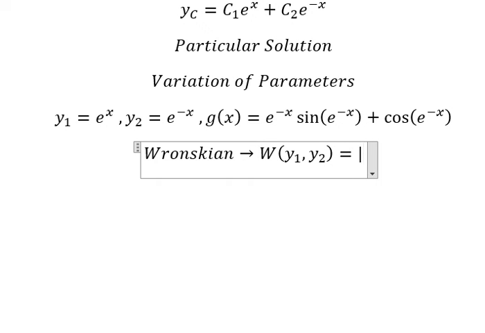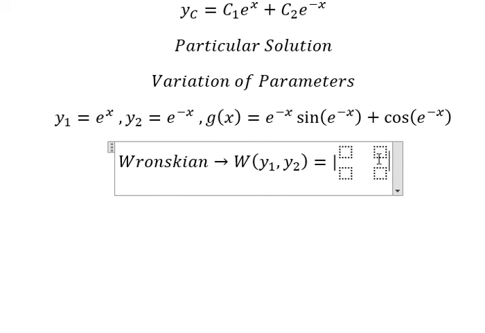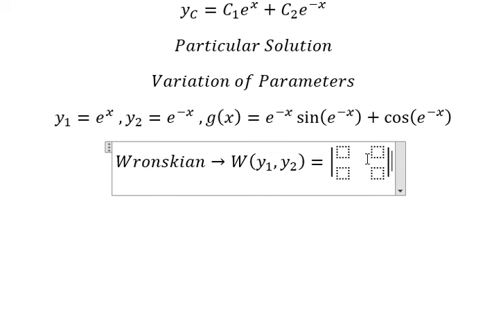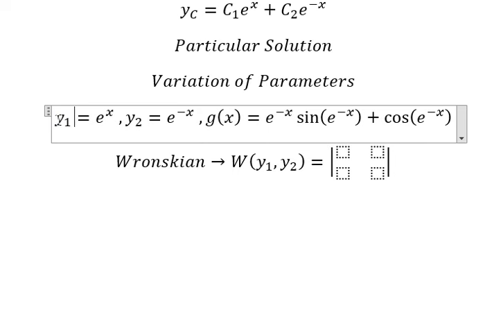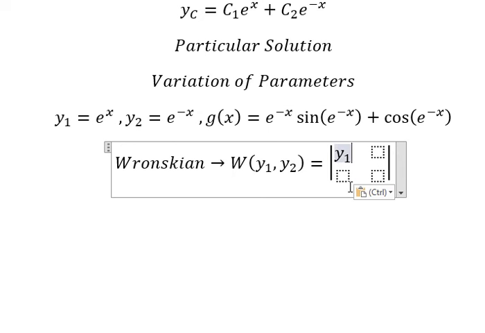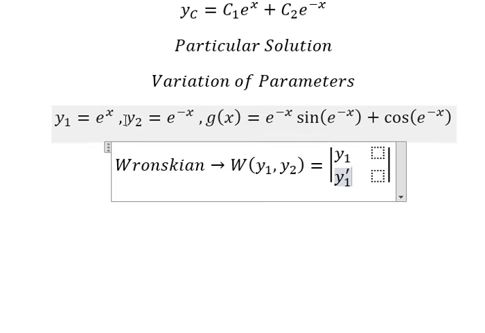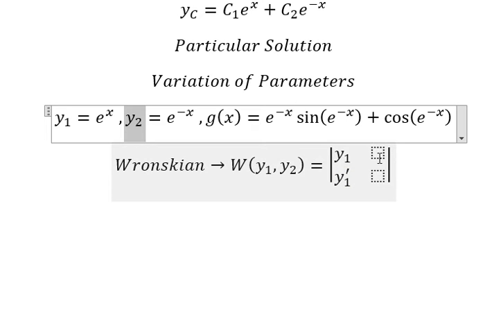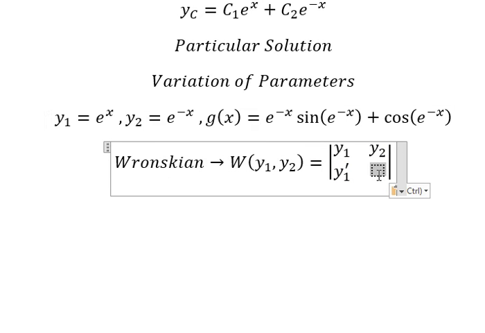That is the matrix, and we need to have it like this. We have y1 here, then the first derivative of y1 here, y2 here, and the first derivative of y2 here.